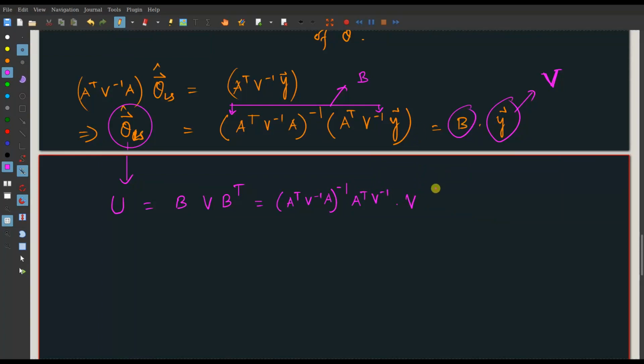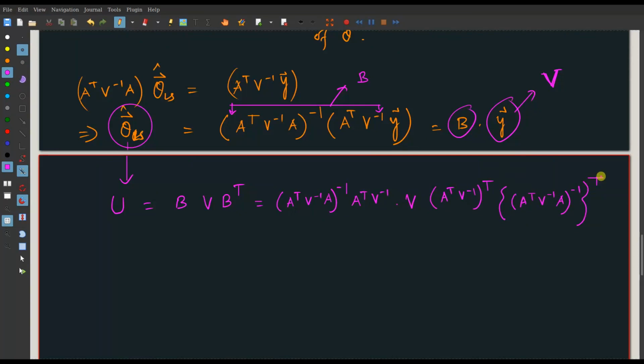So first you do A transpose V inverse, this whole transpose, times the A transpose V inverse A whole thing inverse. This whole thing is transposed.